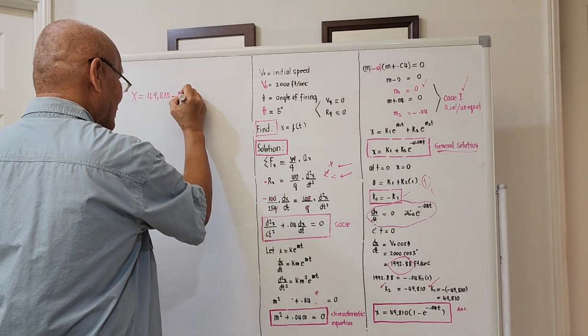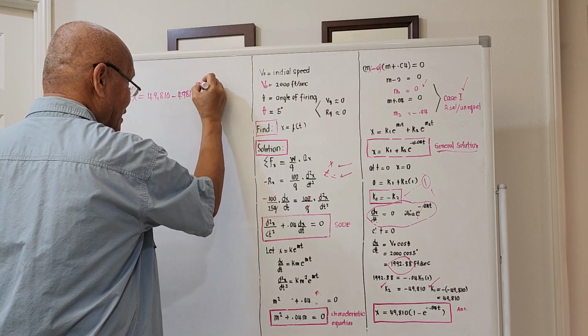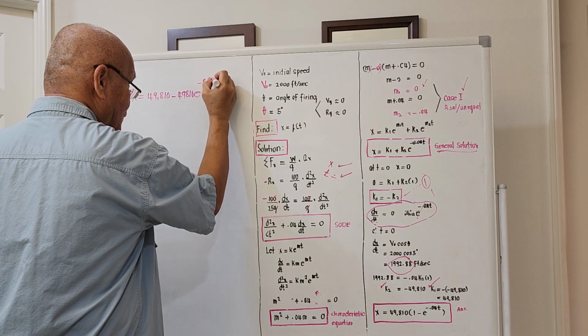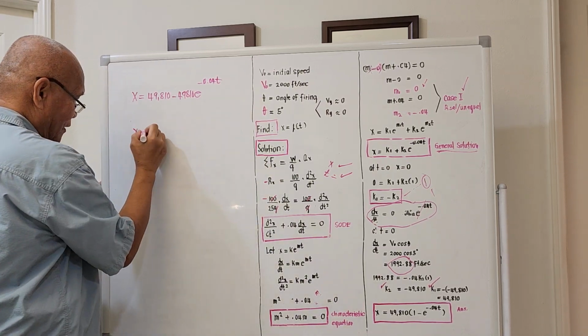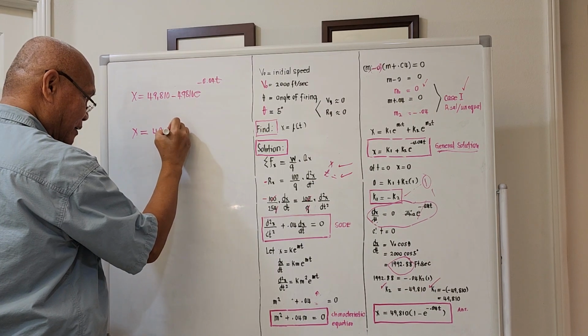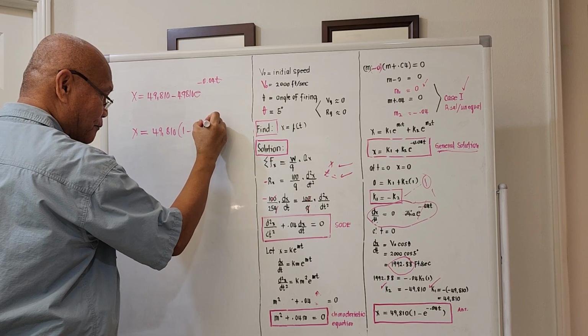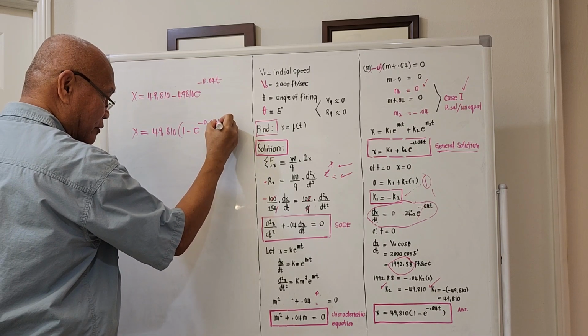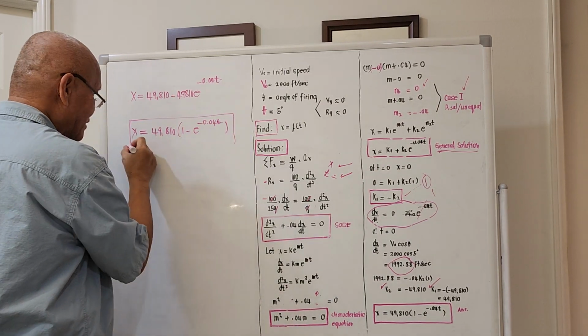Minus 49,810 times e raised to negative 0.04 times time. So if we simplify this one by the common factor, x equals 49,810 times the quantity 1 minus e raised to negative 0.04t. So this is actually our final answer.